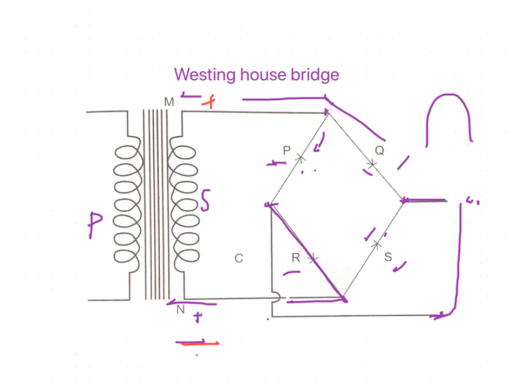If N is negative, then the current flows from N to this point, and it will not allow this way, so it reaches S and goes to the output circuit.